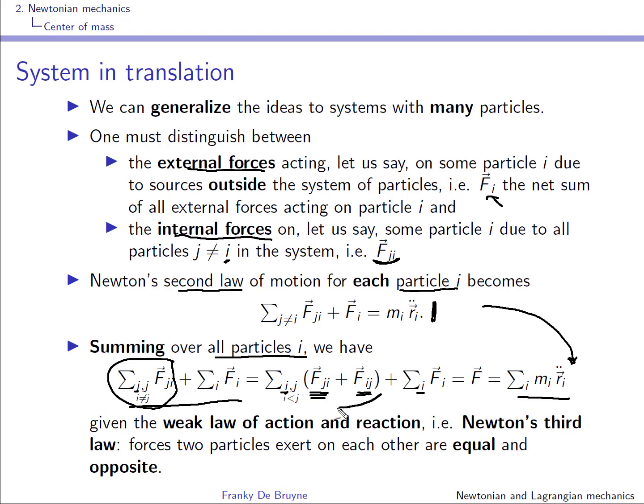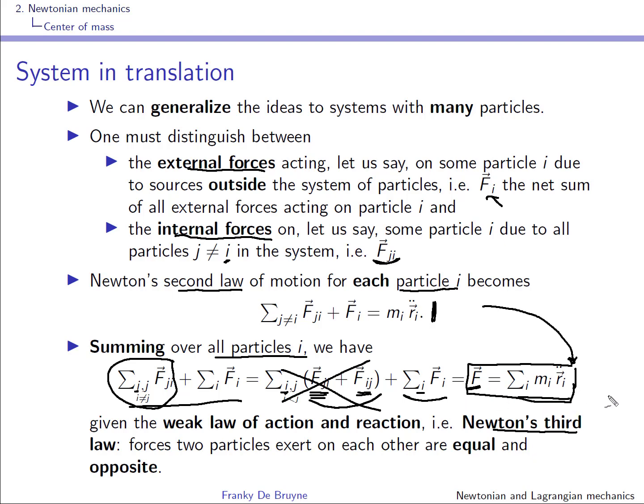It's kind of obvious why we do that, because we know by Newton's third law, the weak law of action and reaction, that this term will cancel out. So what do we have? The sum of the external forces, the forces on each individual particle, and this one we'll simply call F, the net force, is equal to this thing here.